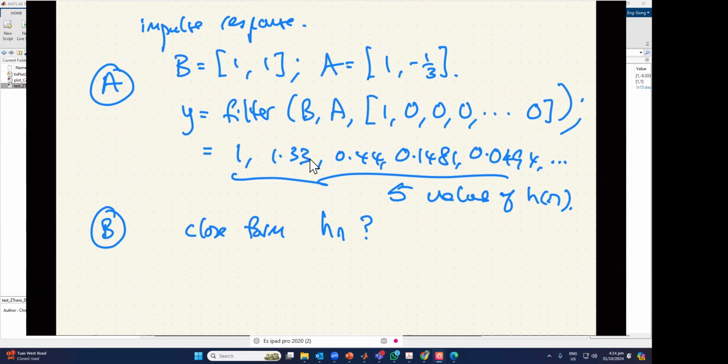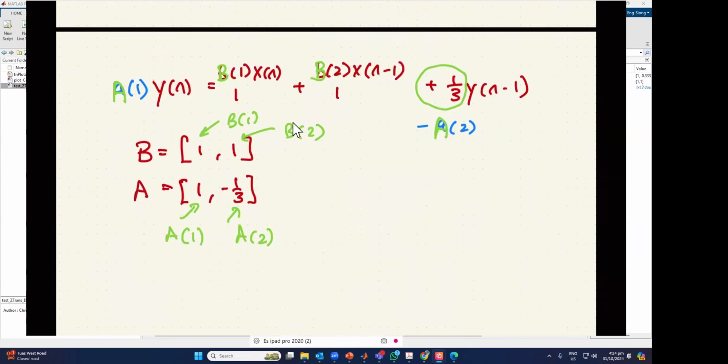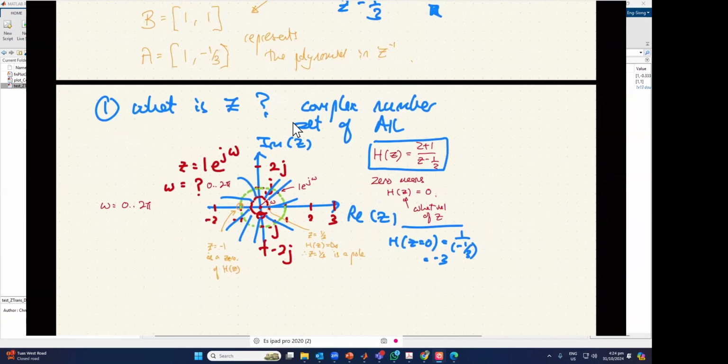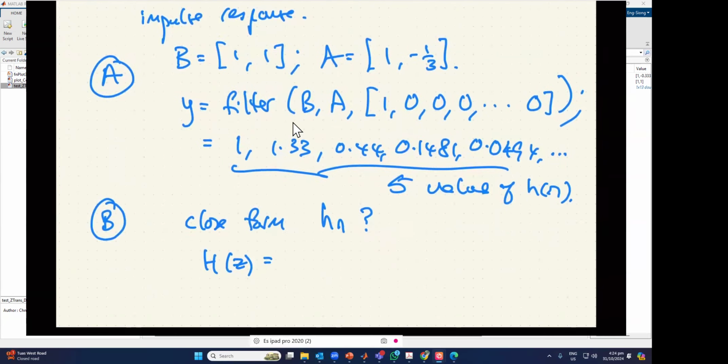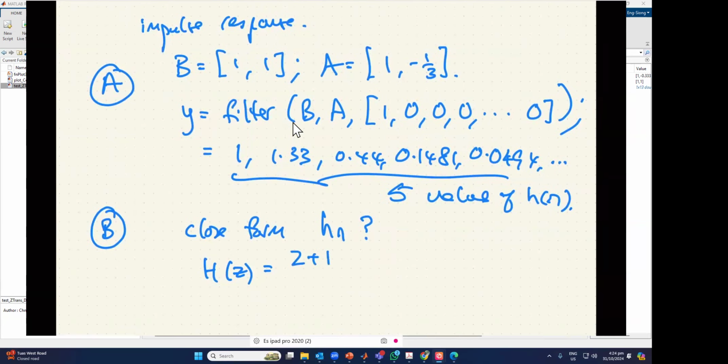If I ask you for a sequence of numbers, it's trivial. Yes, we do the Z transform and inverse Z transform. So H of z, we had what? Let's pull out H of z again: z plus 1 over z minus 1/3.